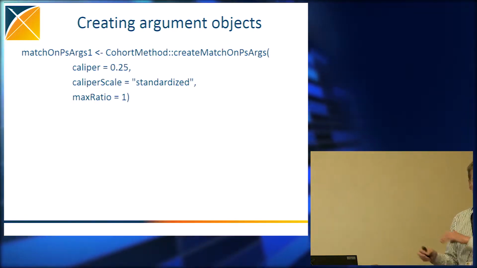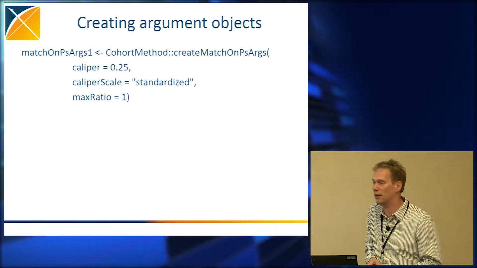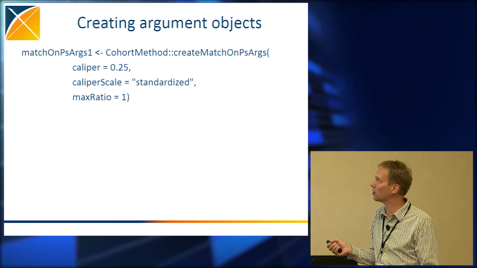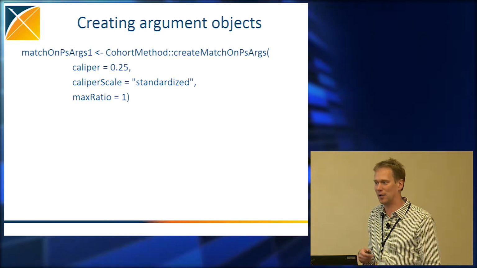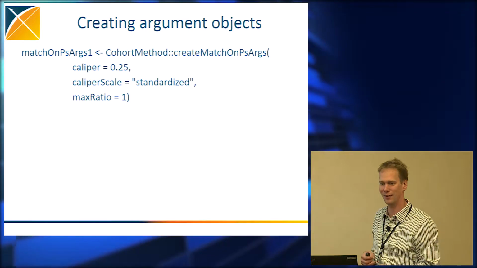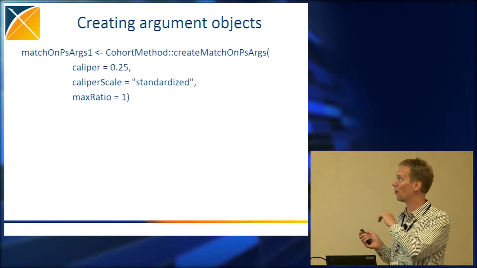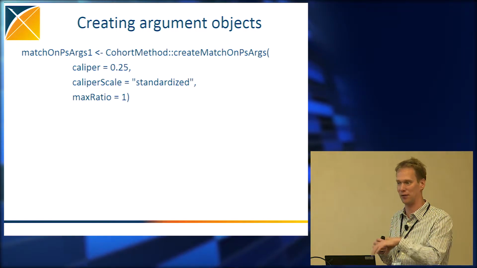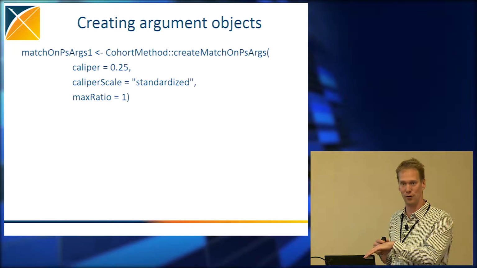The next part we need to define is the analysis. Whereas this morning you saw me call the function matchOnPs to match on propensity scores, because we're automating this, I can't actually do that, because I want the package to do that for me at a future point in time. So I'm not going to call matchOnPs, but I need to specify which arguments the package will use when it is going to call that function.